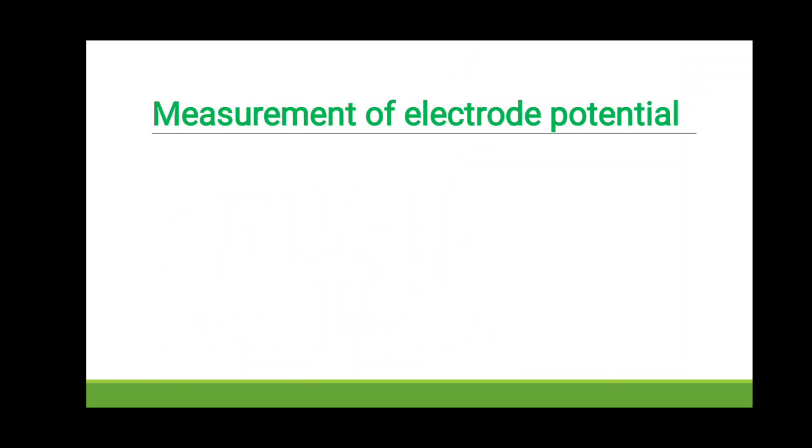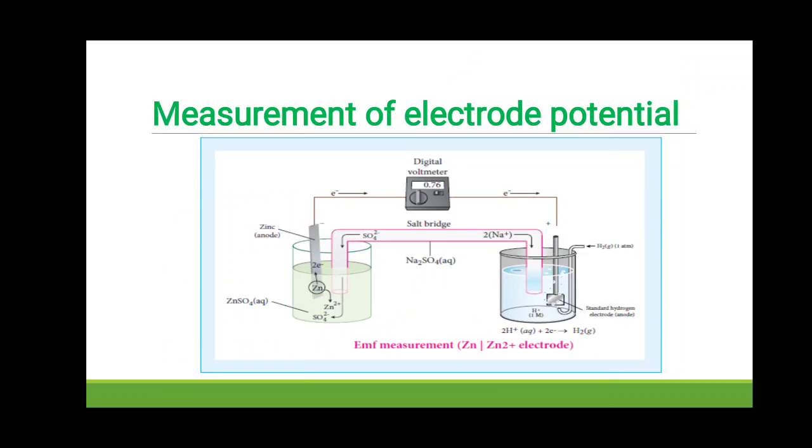Now, measurement of electrode potential. How to measure the electrode potential in the anode compartment by using the standard hydrogen electrode? Here the EMF measurement is given for a zinc strip dipped in zinc sulfate solution.